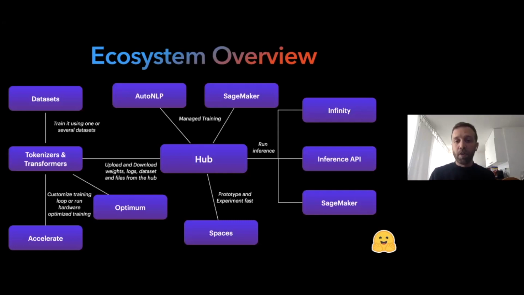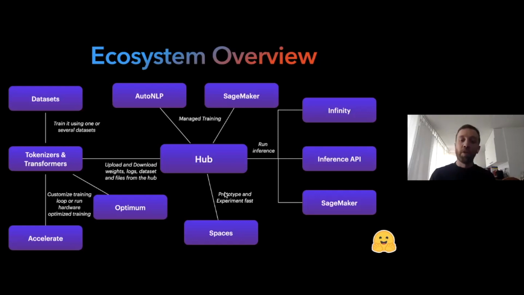The very central part of our ecosystem is the Hugging Face Hub, the thing you see here in the middle. We use the Hub to store all these pre-trained models and also all the fine-tuned models. If you want to use one of these models, let's say BERT, you can easily get it via the Hub. The other things on the Hub are datasets and metrics.